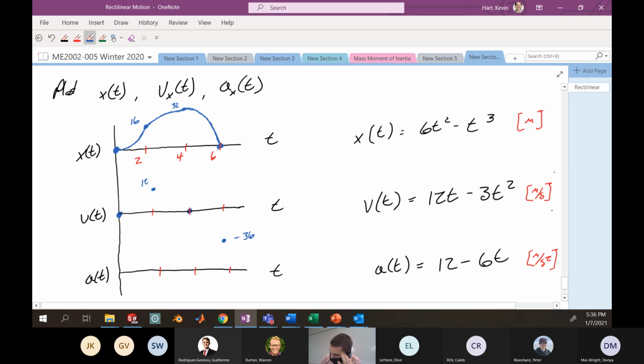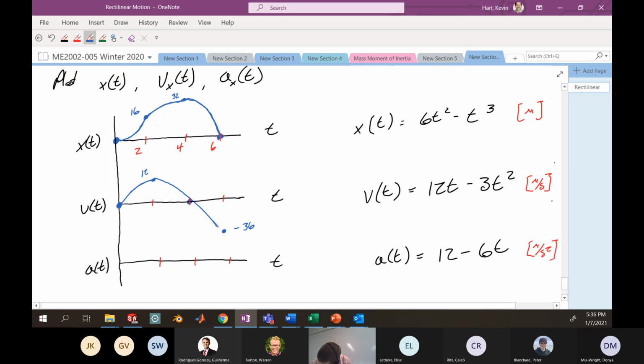All right, so this guy looks something like this. It's a second order function. Oh boy, he's dropping significantly here. So there's your velocity function.